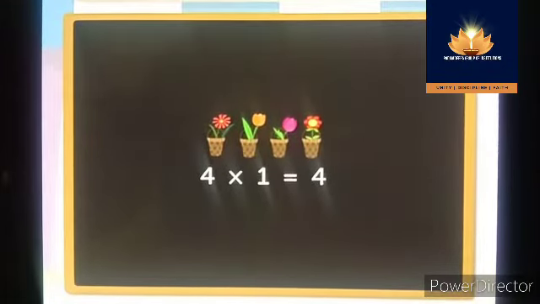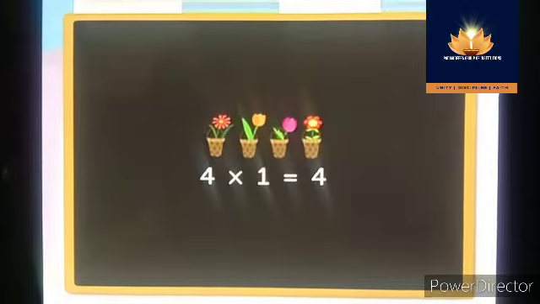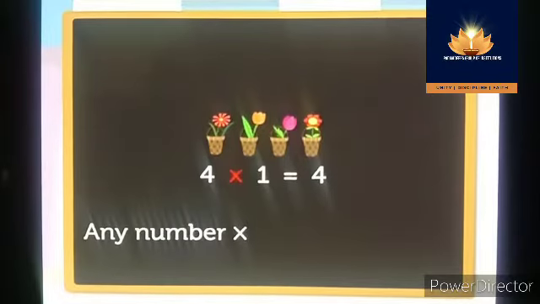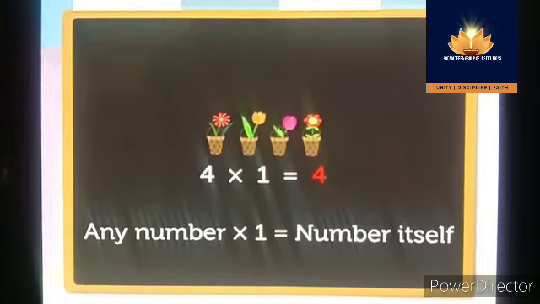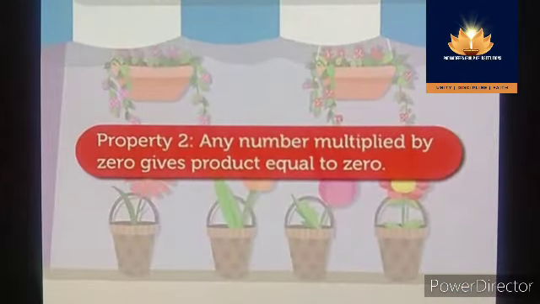So here we multiply the number 4 by 1 and we got the answer 4. That is the number itself. Hence, any number multiplied by 1, we get the product as the number itself.